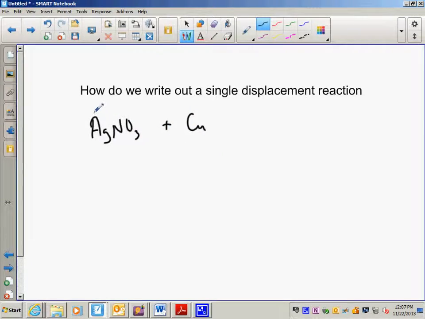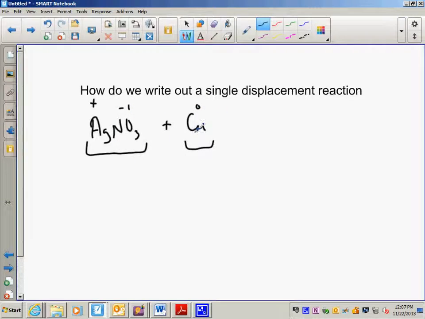This is my ionic compound, so people often recognize this as an ionic compound with a single individual. This indicates that this is a single replacement or single displacement reaction. Those words are interchangeable. It's referring to this oxidation reduction reaction. This is the cation, this is the anion, this has no charge.